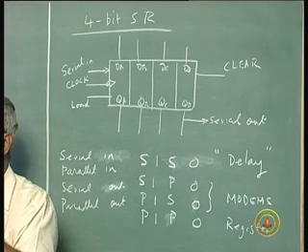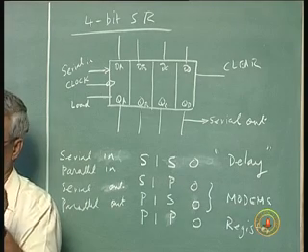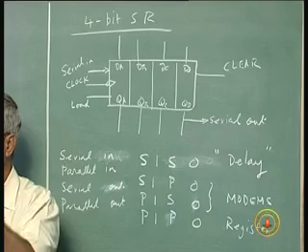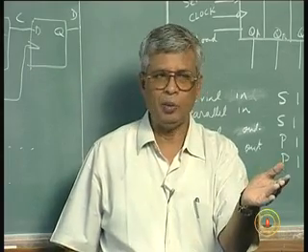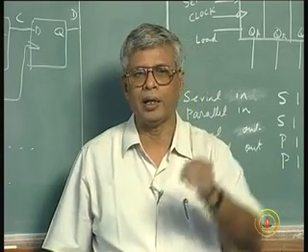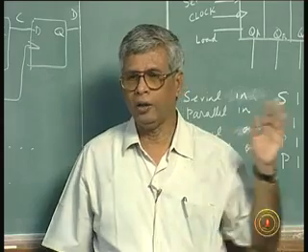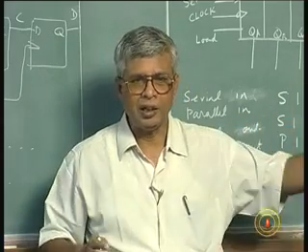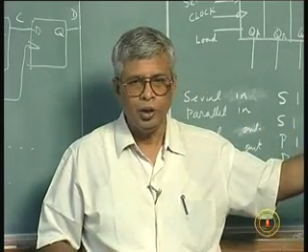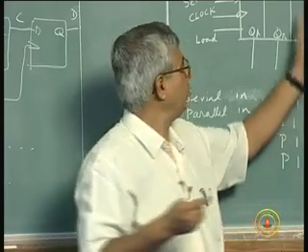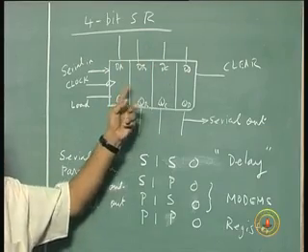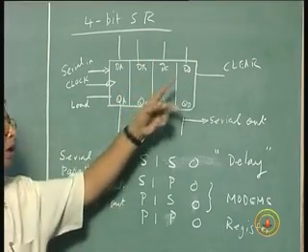It is a very powerful device, as I said, it can be used for many things, for storing, for delaying, for converting parallel data into serial, converting serial data into parallel. And I only talked about shifting to the right. By a proper connection, the output of this flip flop can be connected to the input of this flip flop, output of this to the input of this, and so on.